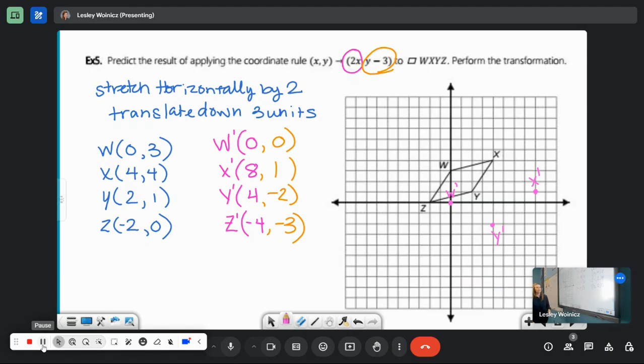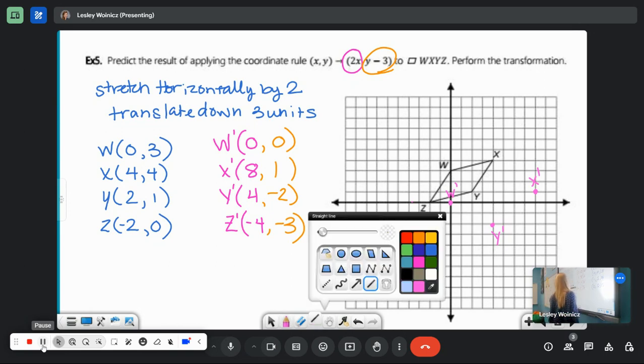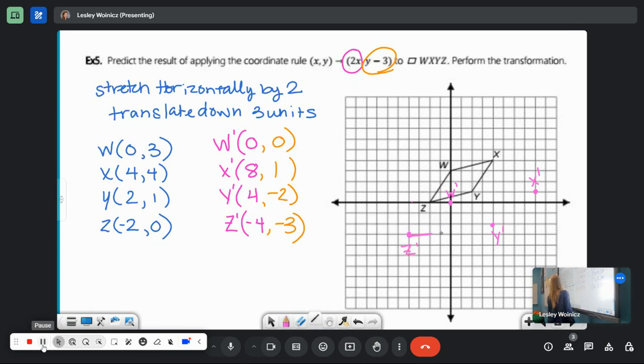And Z prime is (-4, -3). So you can see everything shifted down 3 units, and it got stretched by a factor of 2. So good job. You did it right.